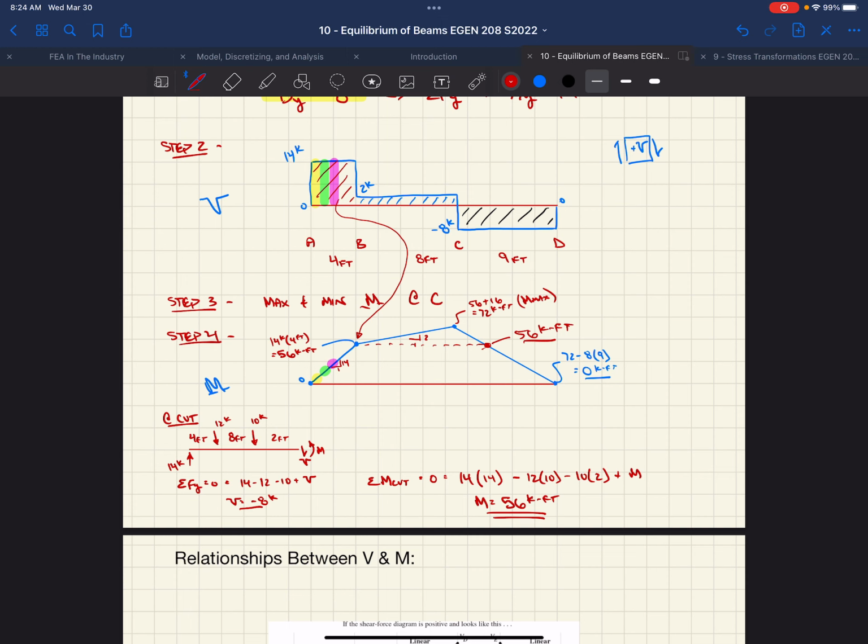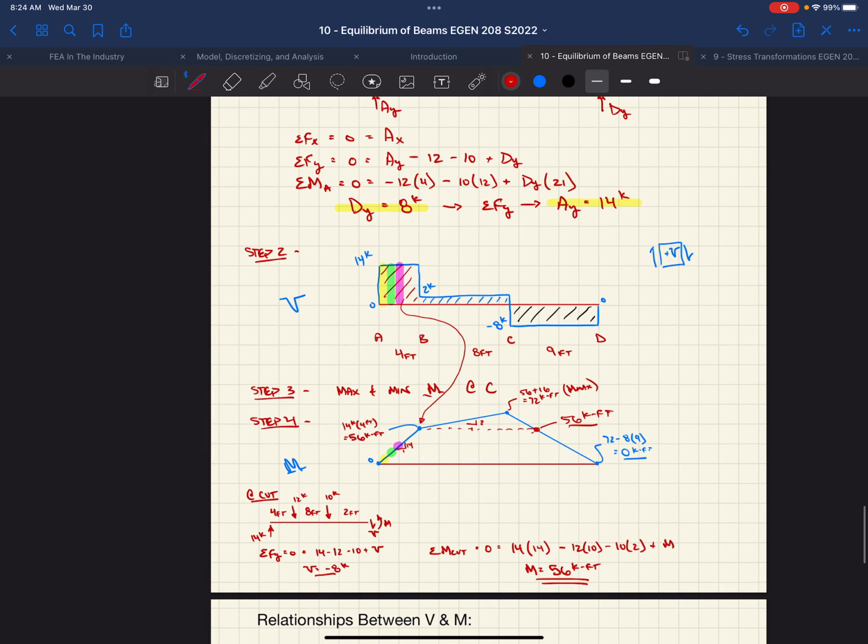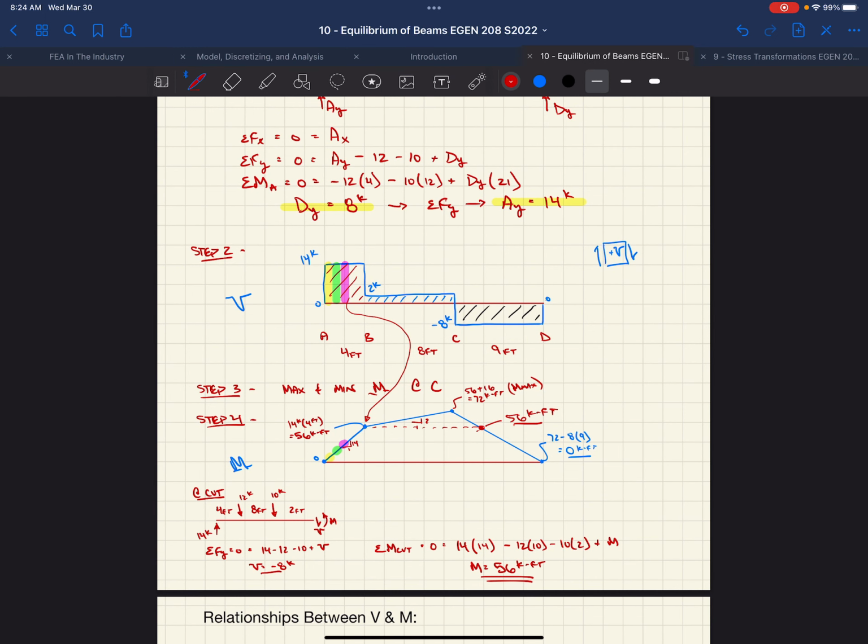$56 kip-feet, 2 feet over from point C, right? So this would be using the method of sections to figure out internal forces at any given point, right?